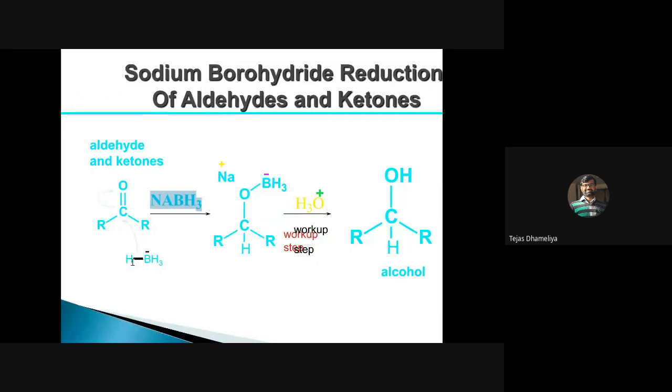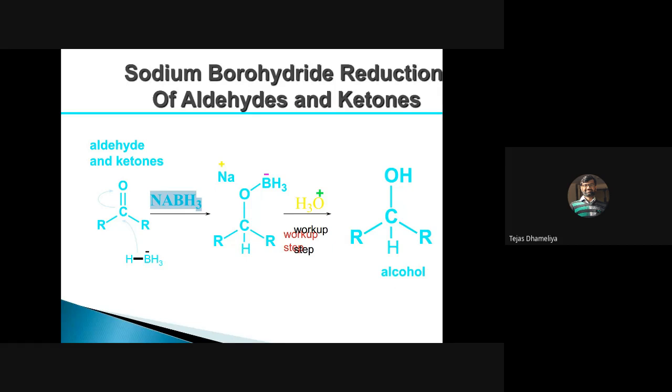Now this BH4 minus, which has the hydride anion, is attacking this carbonyl carbon, and it will form this borohydride anion. And after we do the workup using water, it will form alcohol. So this is basically called reduction using sodium borohydride.